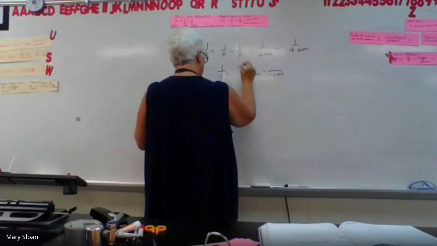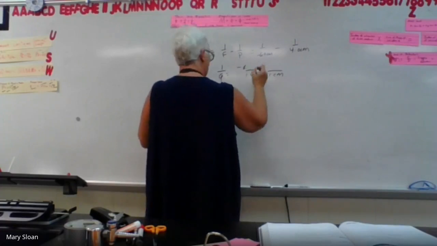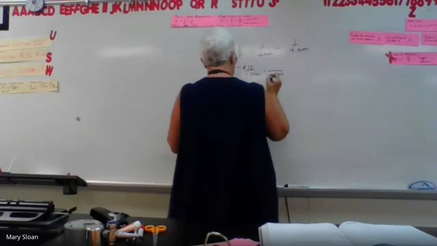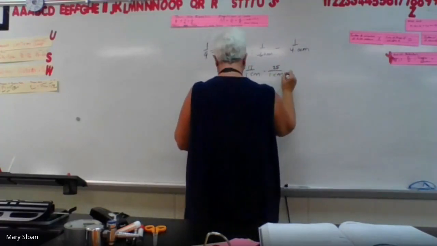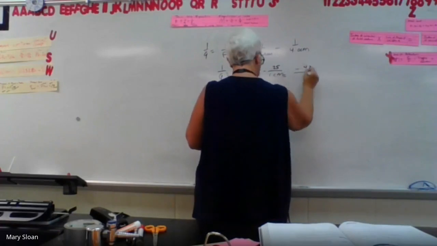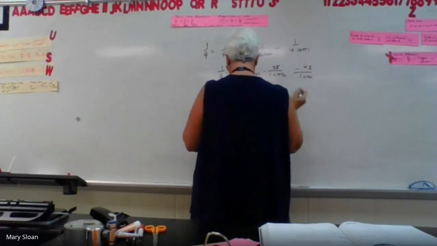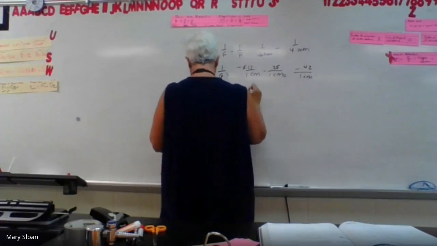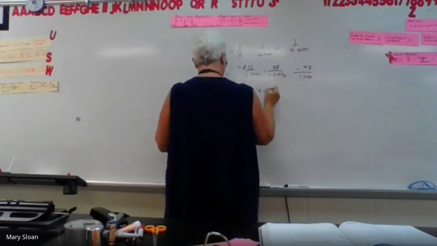And I made this negative 0.17, and I made this 0.25, which gave me 0.42 over 1 centimeter, which gives me q equals 2.4 centimeters.